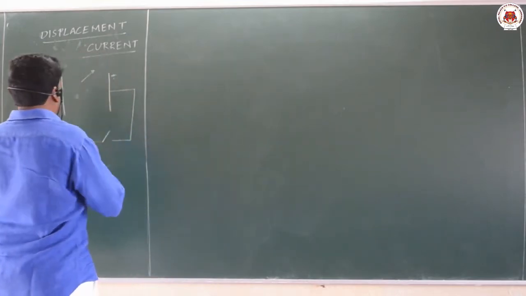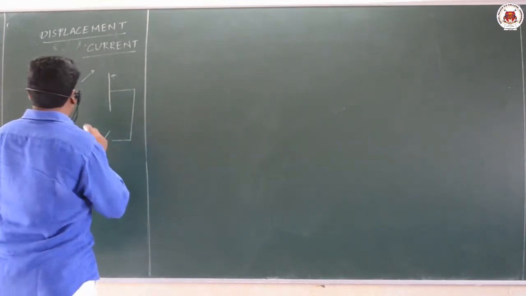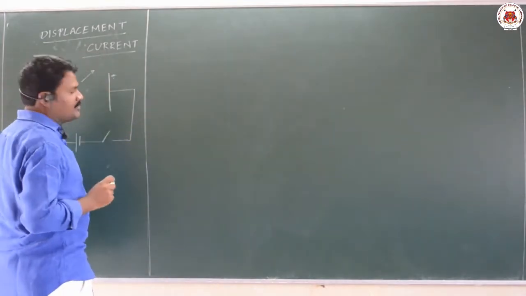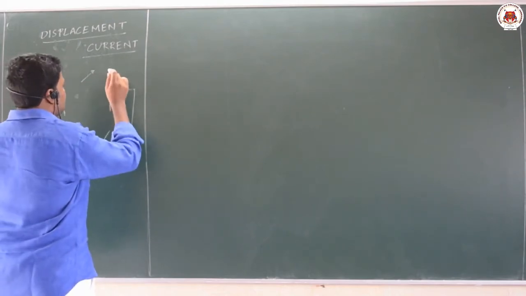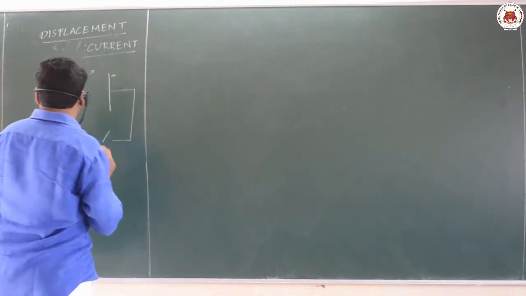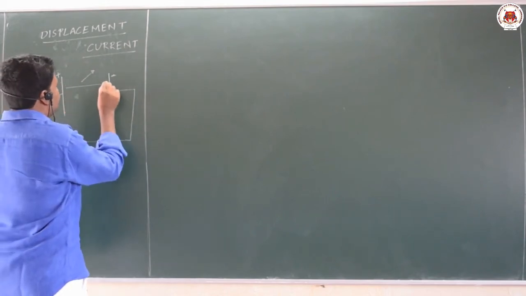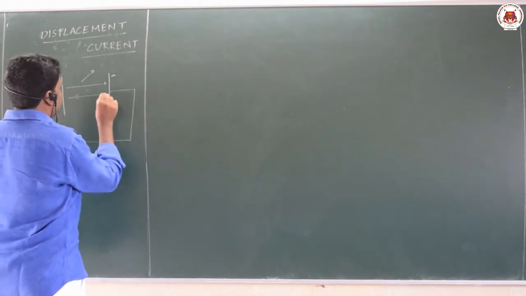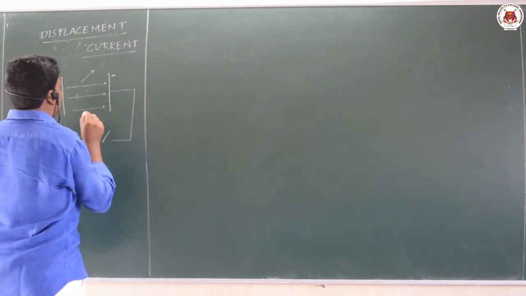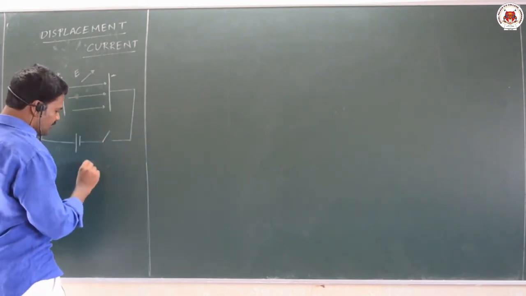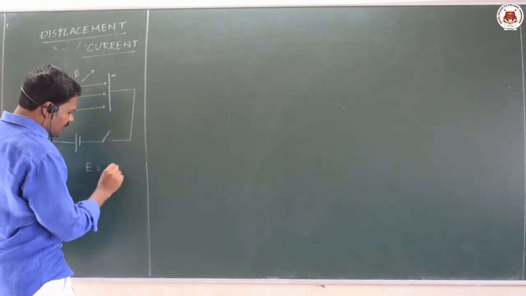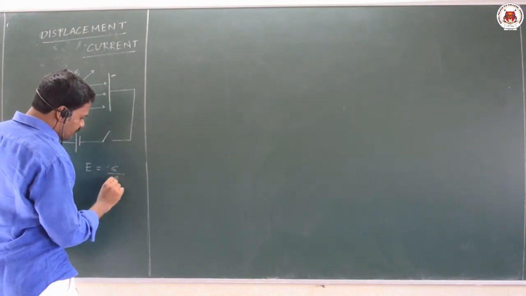So he has proved that time variation of electric field. Once you create positive and negative charges on the plates of the capacitor, there exists an electric field inside the capacitor. That electric field is given by sigma by epsilon naught.